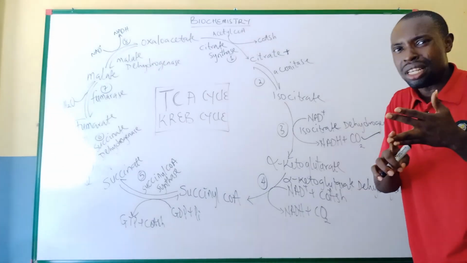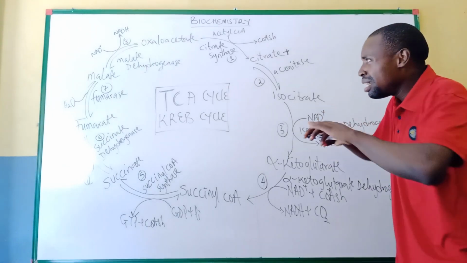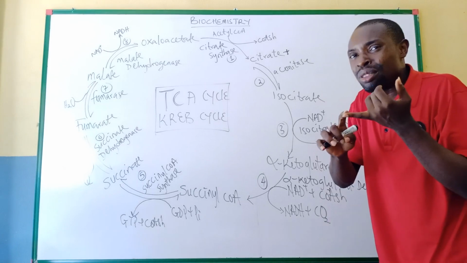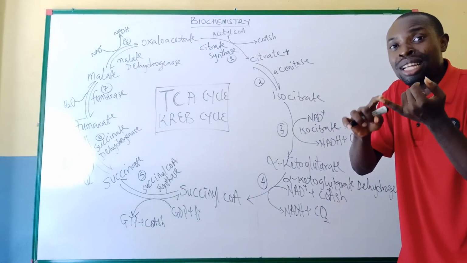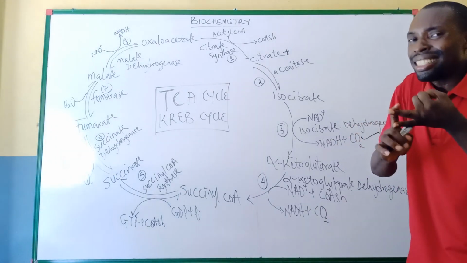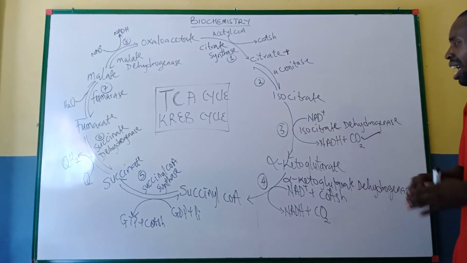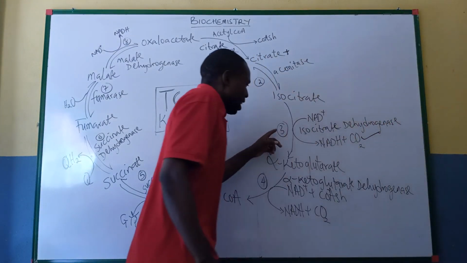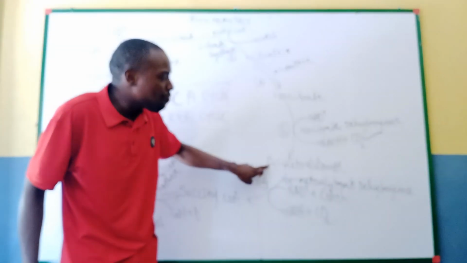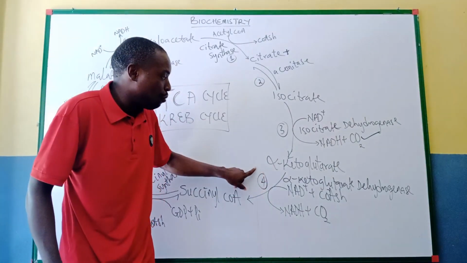Now, it's interesting to know that whenever NADH, GTP, and FADH2 are involved in a metabolic pathway, a high-energy substance is involved, which is given by what they call a dehydrogenase. As you can see here, isocitrate dehydrogenase acts, and afterward the isocitrate forms alpha-ketoglutarate, and from there is step 4.